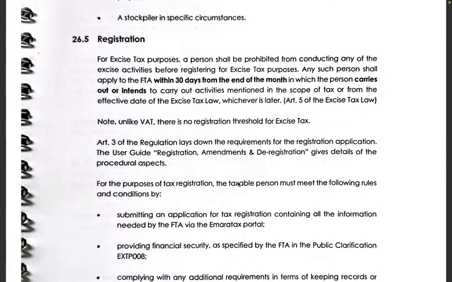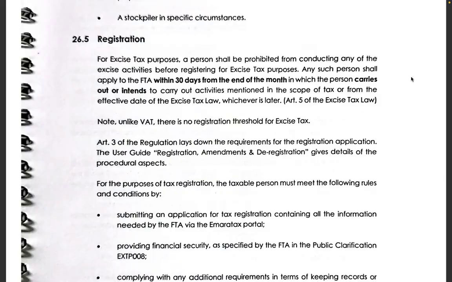Regarding registration for excise tax purposes, a person shall be prohibited from conducting any of the excise activities before registering for excise tax purposes. So only a registered person can conduct excise activities.